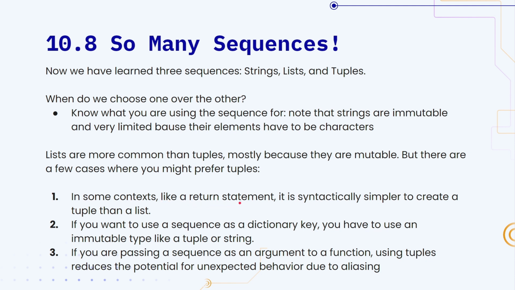Also when you are dealing with dictionary keys, like the counts or a dictionary's items method, use a tuple instead of a string. Also when you're passing a sequence as an argument to a function, you want to use tuples. Like how we passed two iteration values in a function as an argument, that was through a tuple, not a string.